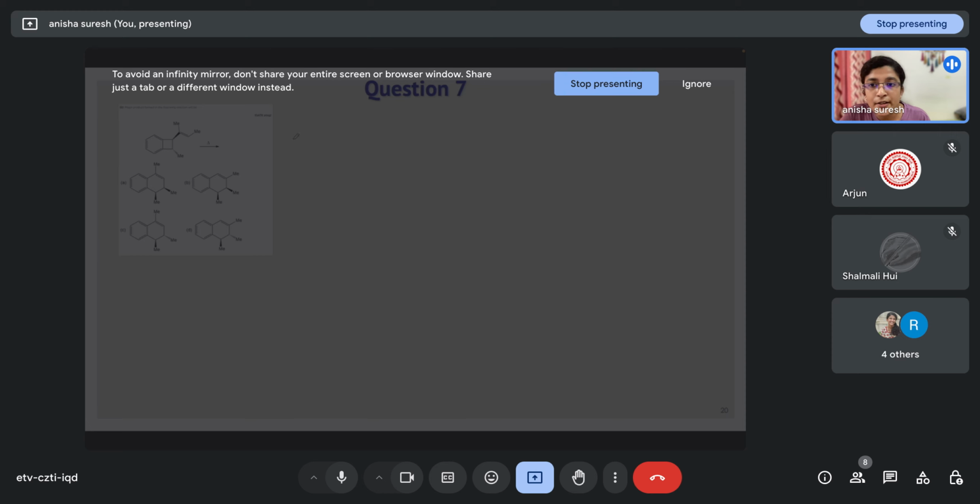So here what we have to see is, the first thing that is taking place is 4n delta conrotation.